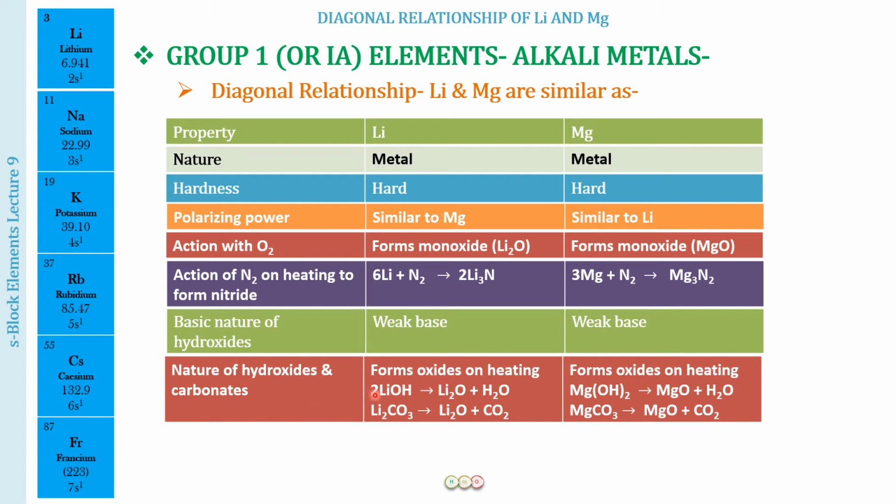When you heat lithium hydroxide, you will be getting Li2O plus water. Whereas when you heat lithium carbonate, again you will be getting Li2O plus carbon dioxide. Similar in behavior is going to be magnesium. Magnesium hydroxide on heating will be giving us MgO and water, and magnesium carbonate will be giving us MgO and carbon dioxide.